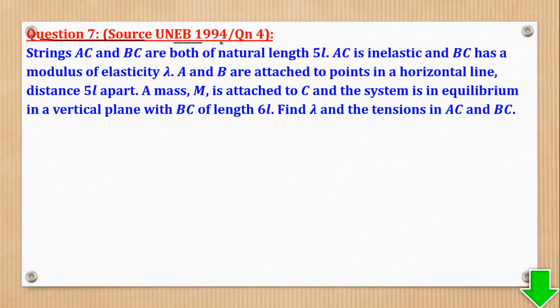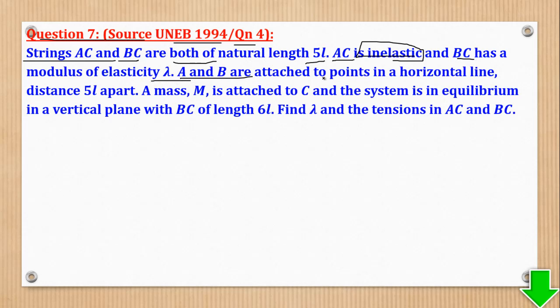Question 7 came from UNEB of 1994, paper 2, question 4, and it says, strings AC and BC are both of natural length 5L. AC is inelastic. Note that word. BC has modulus of elasticity lambda.